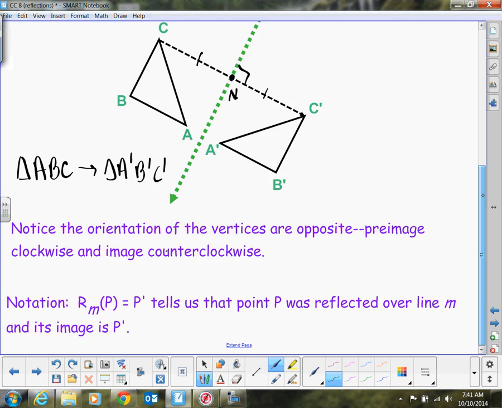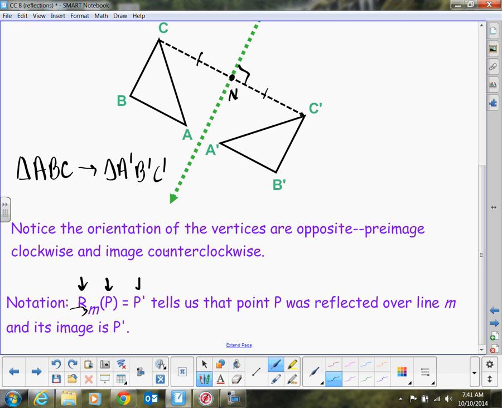Thank you. All right. So now look at this notation. It is capital R. Capital R means reflection. This is the reflection line, and this is what we are reflecting. It tells us that point P was reflected over line M, and its image is P prime.